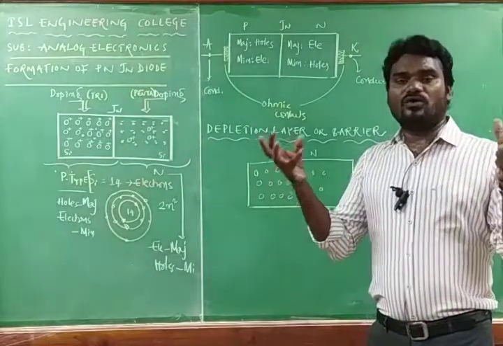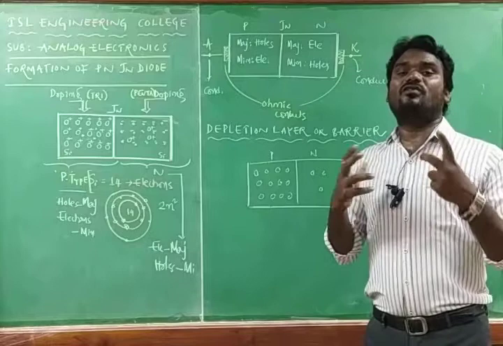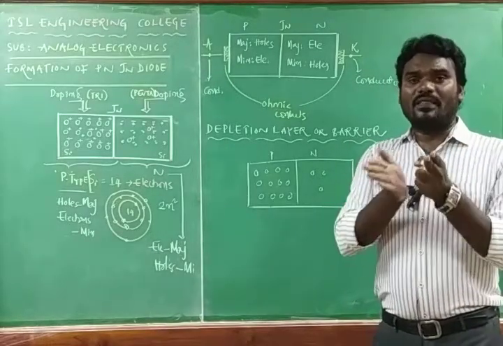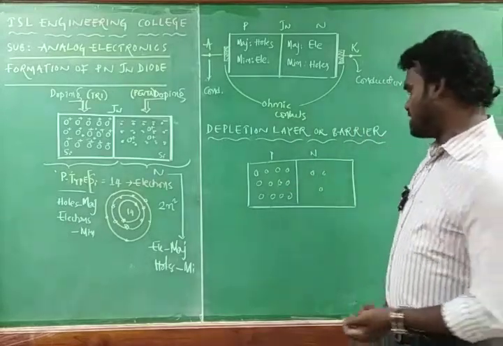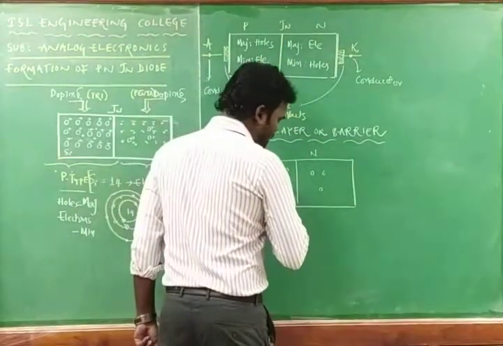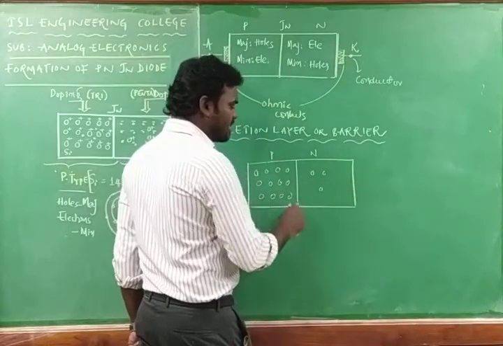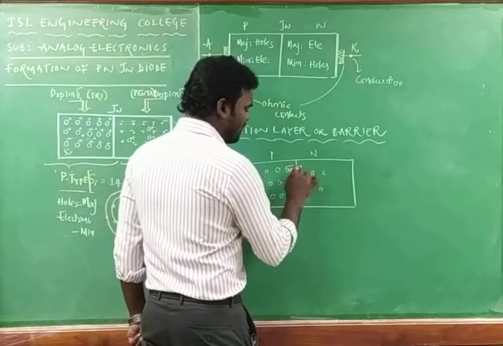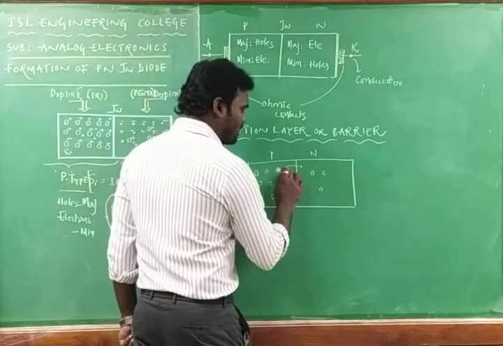Electrons combine with holes, recombination of electron and hole, and that converts into immobile ions. Due to those immobile ions, one particular layer will be depleted across the junction on both sides. That means what? Holes are diffusing from P side to N side, where in the N-type semiconductor electrons are more, so the electrons are ready to recombine with holes.